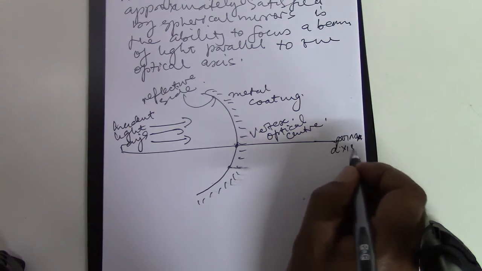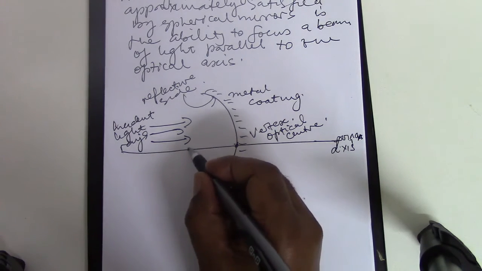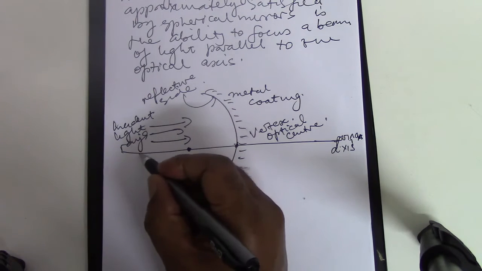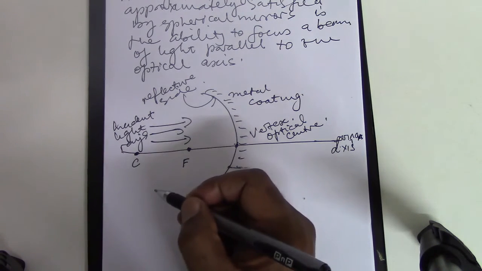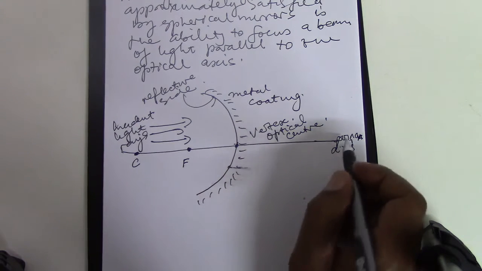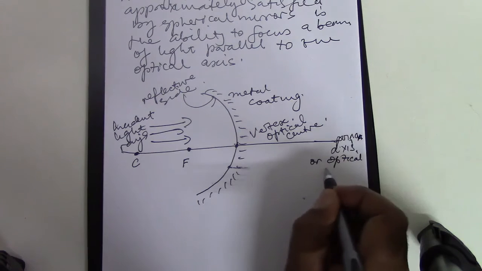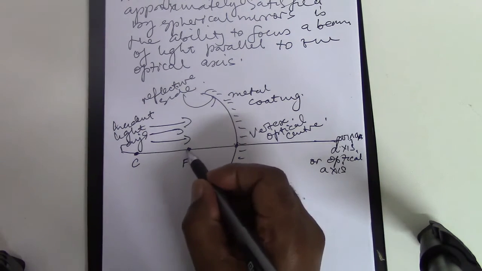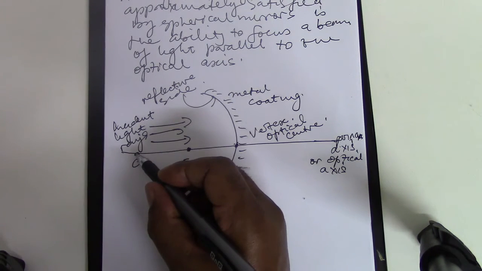Now, it has this point which we call the focal point, and another point which we call center of curvature. So this is principal axis or optical axis. It has a focal point. It has a center of curvature.